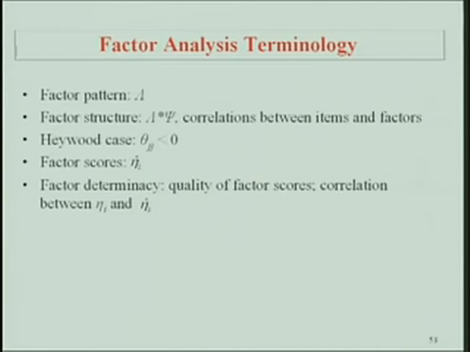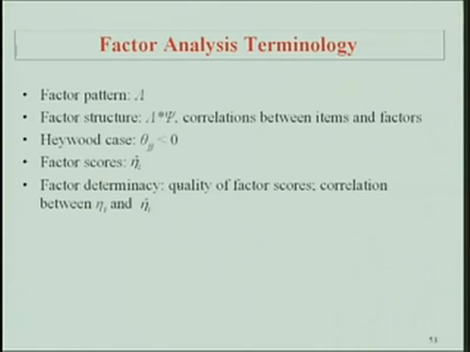We have the term factor scores, which is an activity that you engage in after you have estimated the model parameters, after you've estimated your lambdas, for instance, and done your interpretation. You may want to know each person's value on each factor. So you have a subscript i for individual i, and the little hat meaning estimated. So estimating factor scores is an activity in the factor analysis realm.